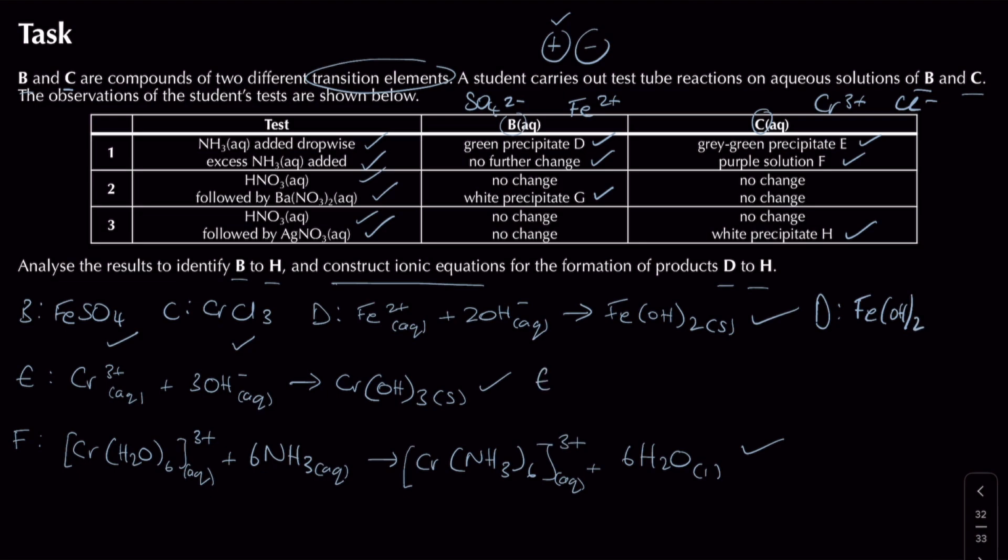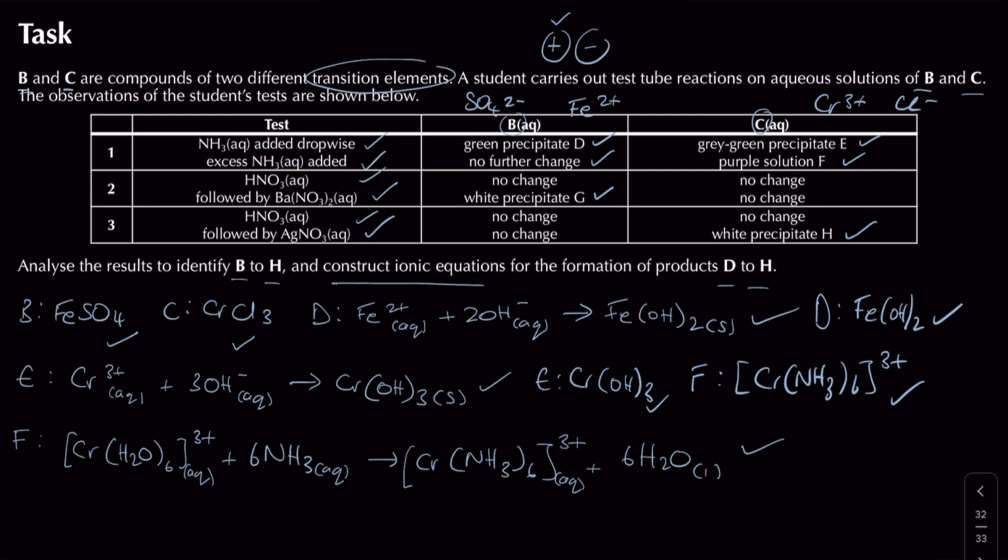Then E is going to be chromium hydroxide, which looks like this. For F, I end up with chromium, but as a complex this time, so I need to draw it out. Chromium, and then 6 lots of NH3, ammonia, then closing that bracket, and then 3+ itself. So I've got D, E and F structures clearly drawn.